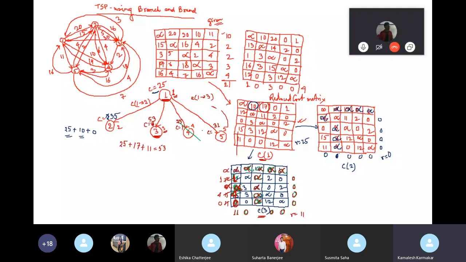So all other generations will be stopped. In the next level, further expansion will be performed here only. Now, what will be the next vertex? Let us mark it.